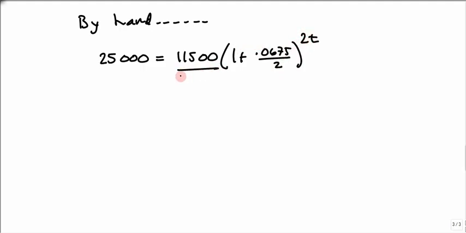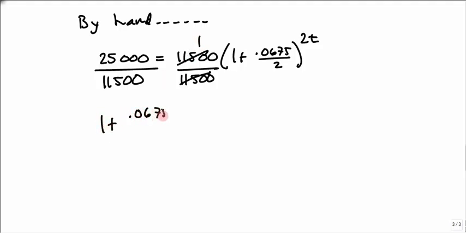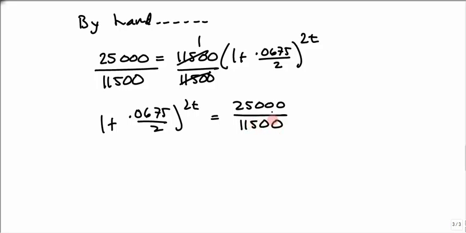To get started, we want to isolate. So 11,500. I'm going to switch my sides here to put my variable on the left. And on my right I have 25,000 over 11,500.